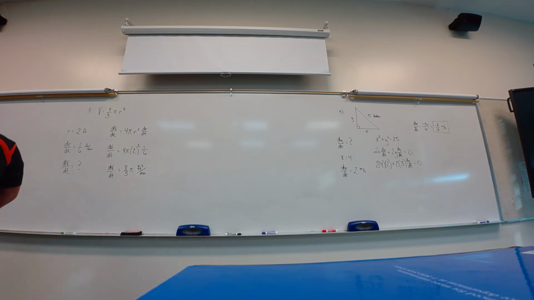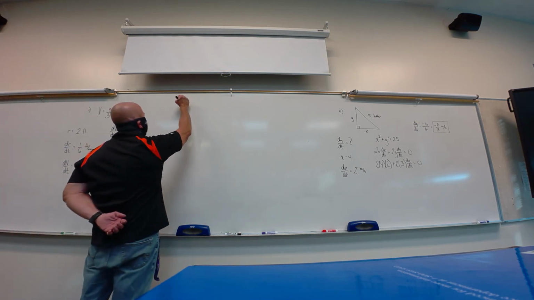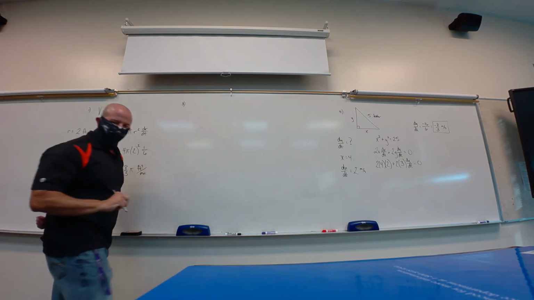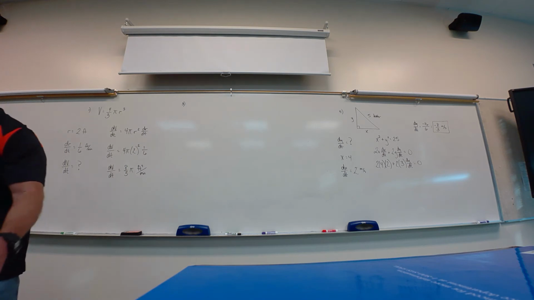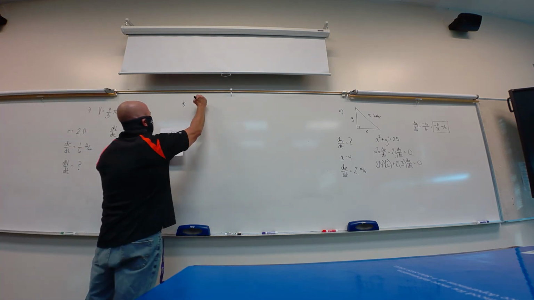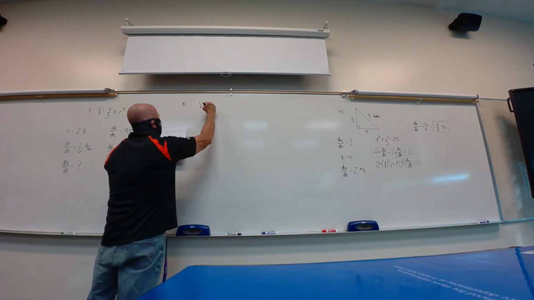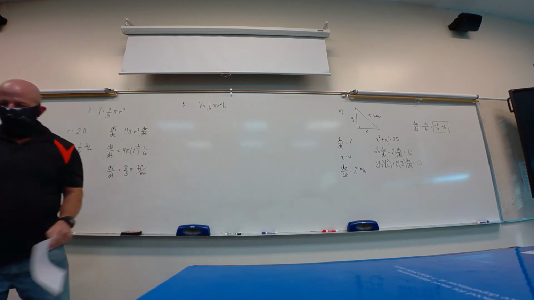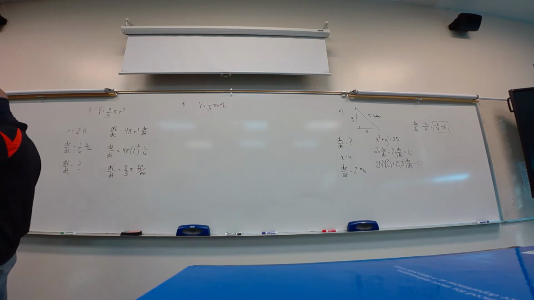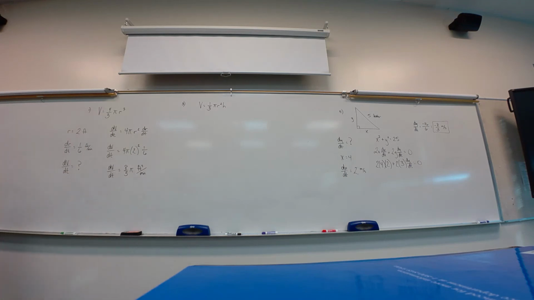Now let's look back at number 3. All right, there's my formula for a cone: 1/3 pi r squared h.